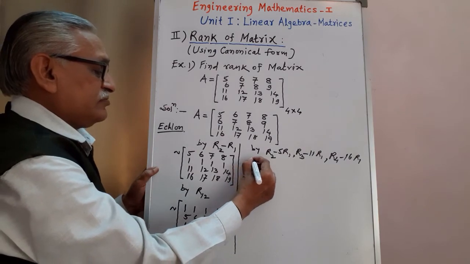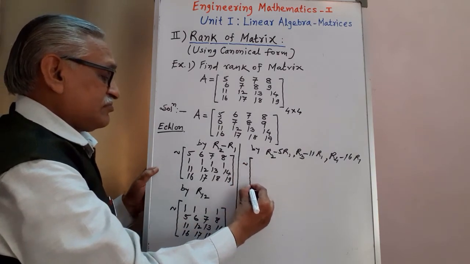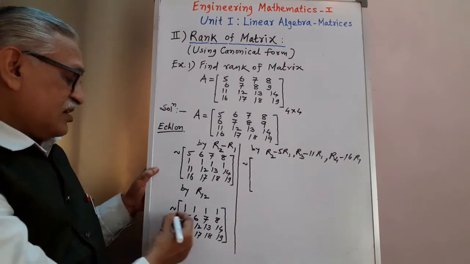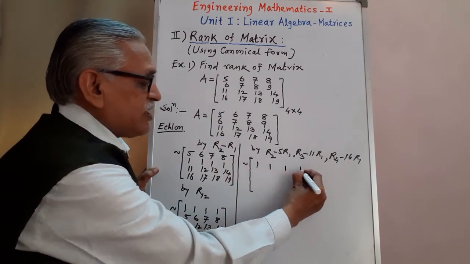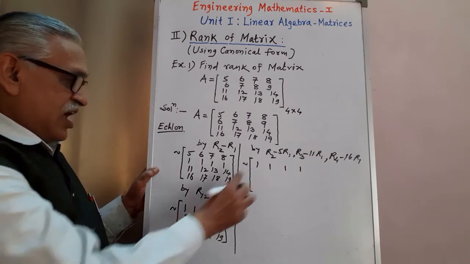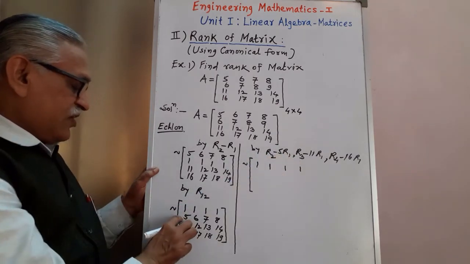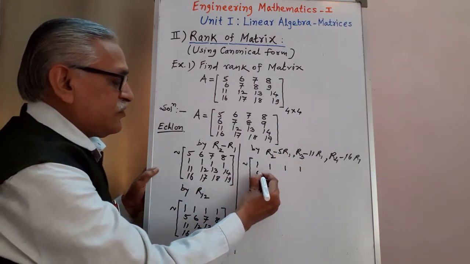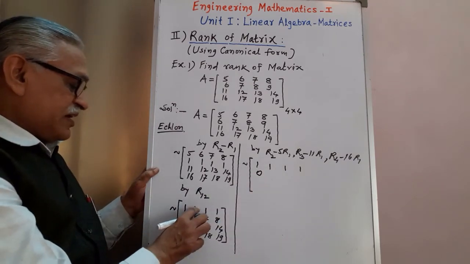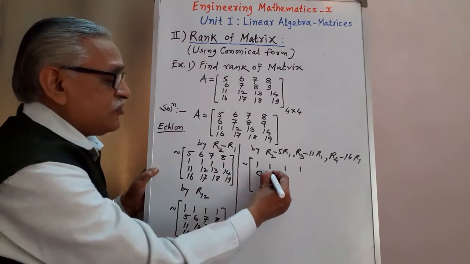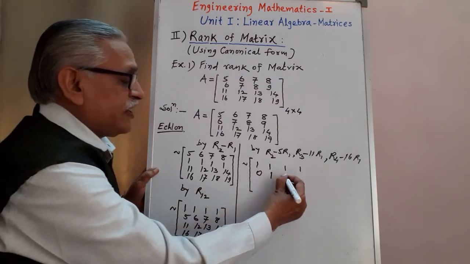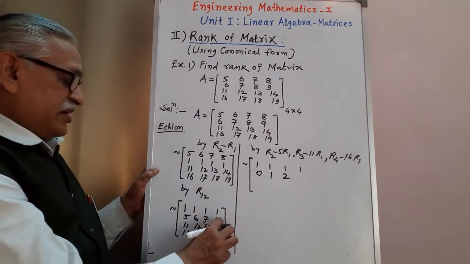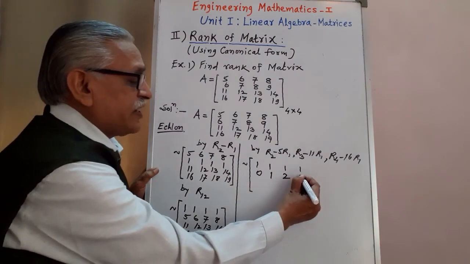The first row has no change, 1, 1, 1, 1. Applying R2 minus 5 R1, 5 minus 5 times 1 we get 0, 6 minus 5 we get 1, 7 minus 5 we get 2, 8 minus 5 we get 3.